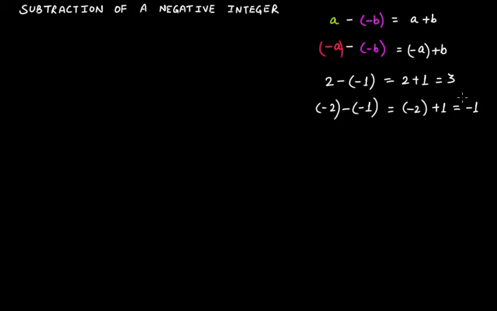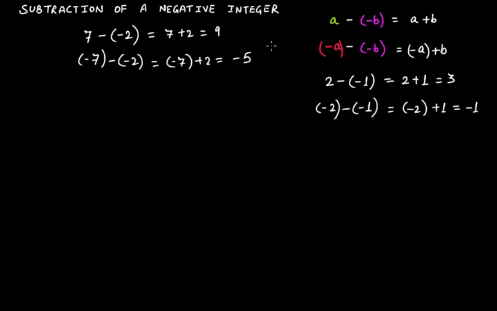Clear? Let's take one more example. If you have 7, if you have minus 7, and if you subtract from this minus 2, this will be 7 plus 2, that is 9. This will be minus 7 plus 2, that will be minus 5.